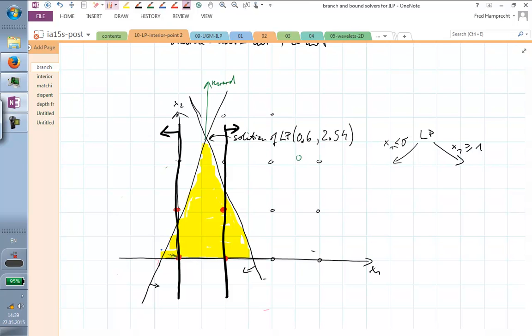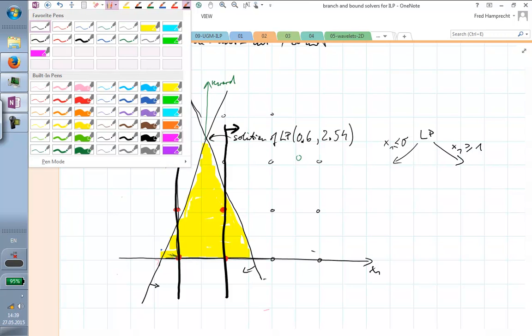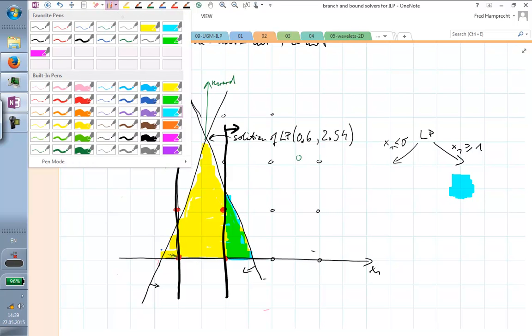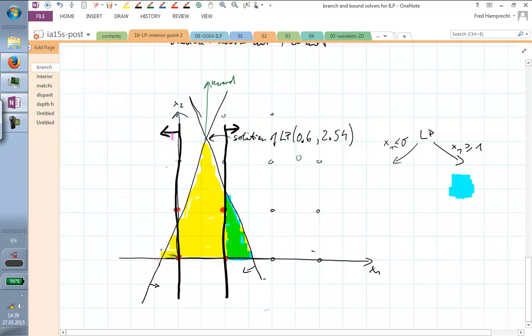And I now get out two new linear programs, this one here and this one. So I now have two new linear programs with additional constraints.